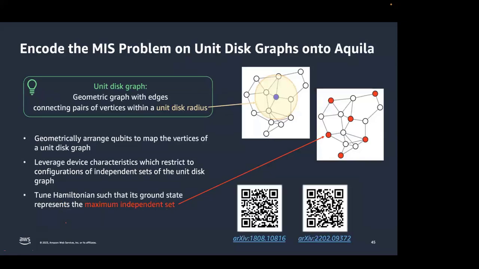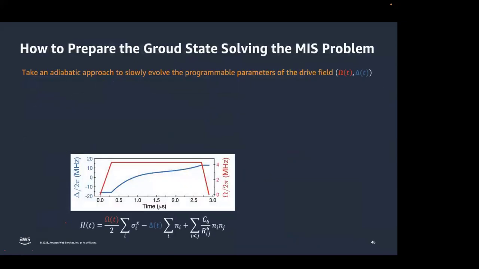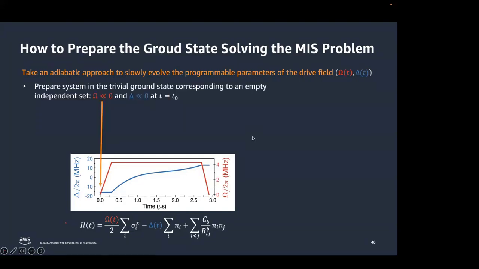Okay. So basically, I just wanted to give a flavor of the adiabatic approach to solving problems. There are two parameters, omega and delta, of these devices, and you slowly change these parameters from an initial value to a final value, and at the end you make a measurement to find out the final state, right?